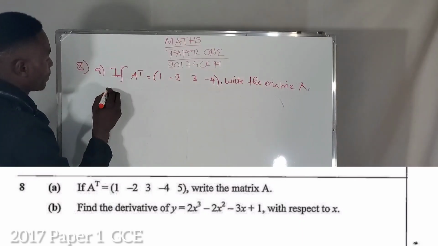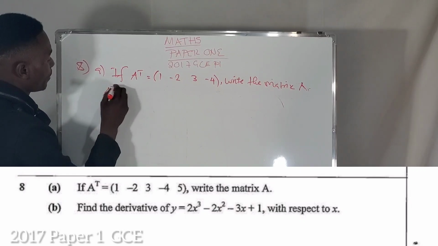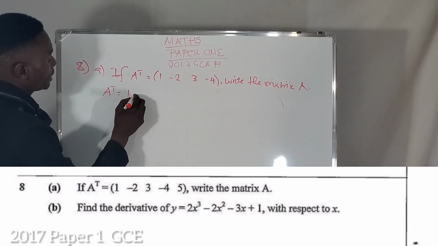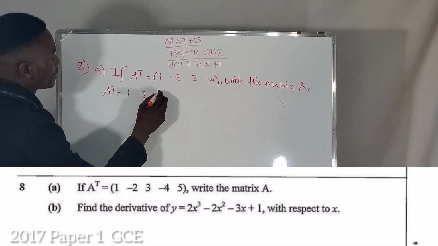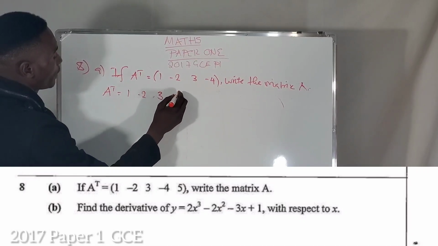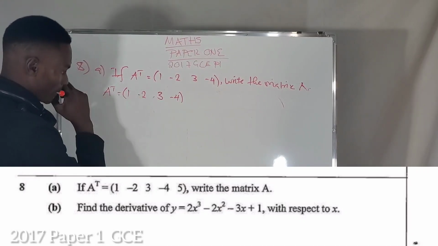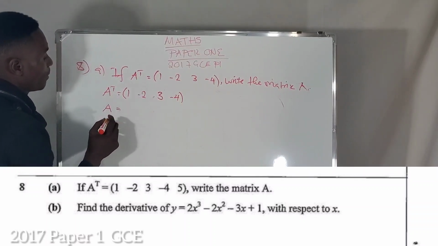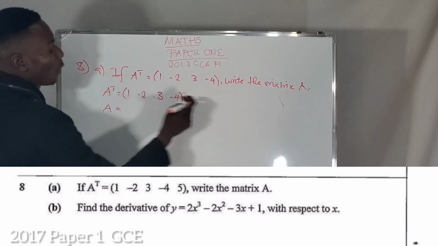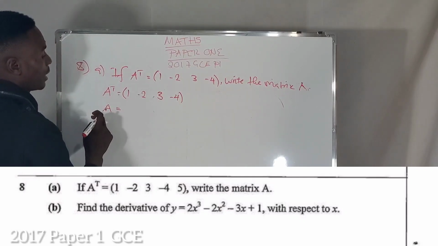Okay, this is a transpose. So A transpose is 1, -2, then 3, -4. Then to change this one to matrix A, its original matrix, the first row becomes the first column.